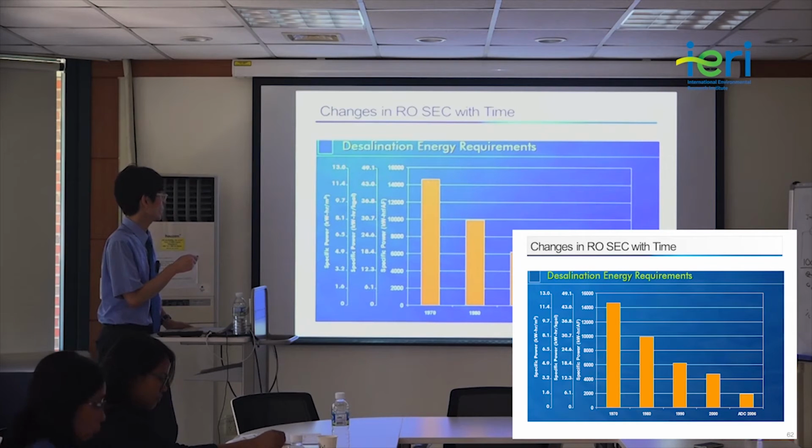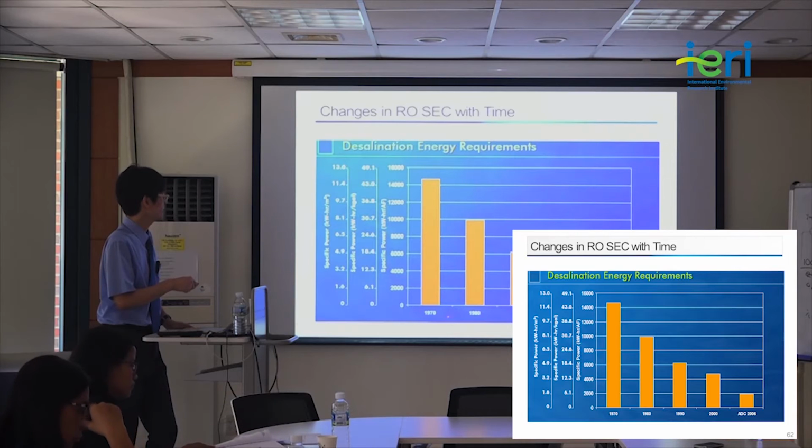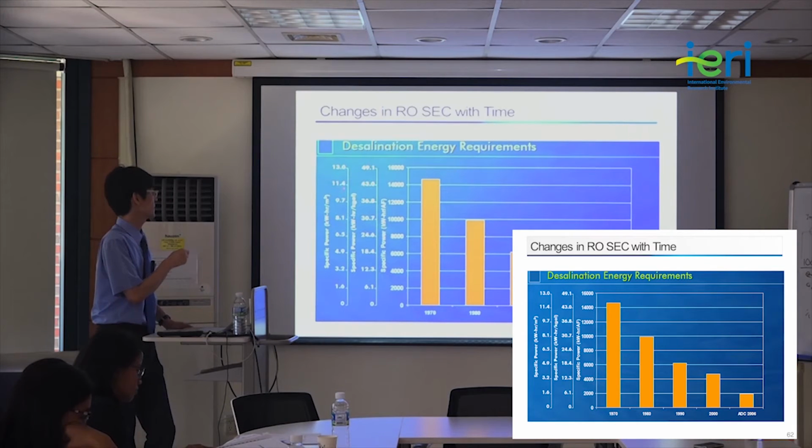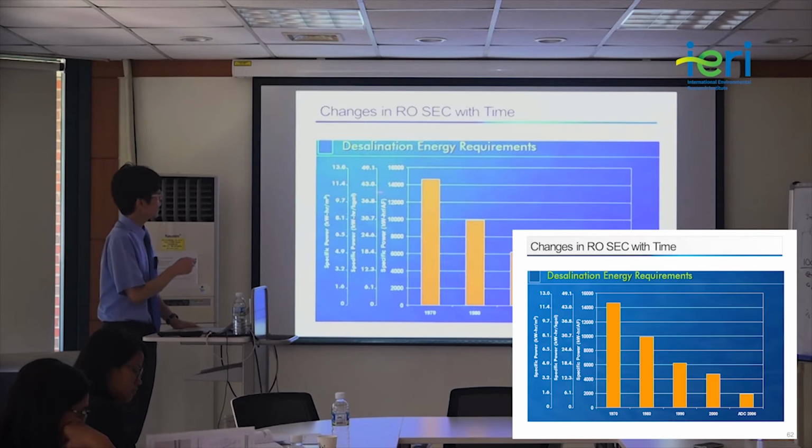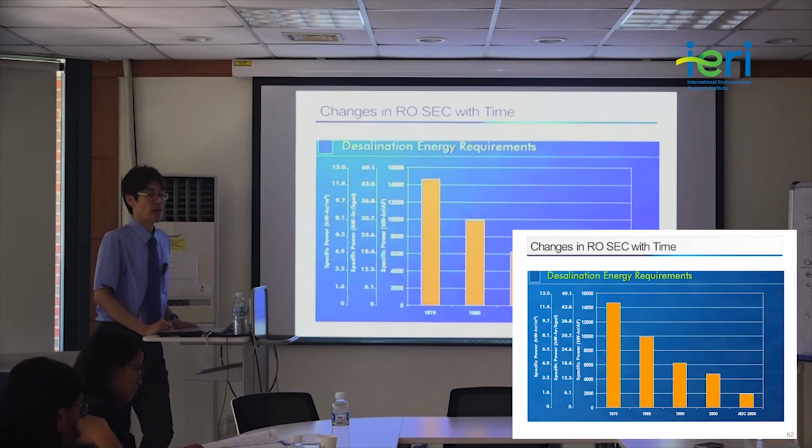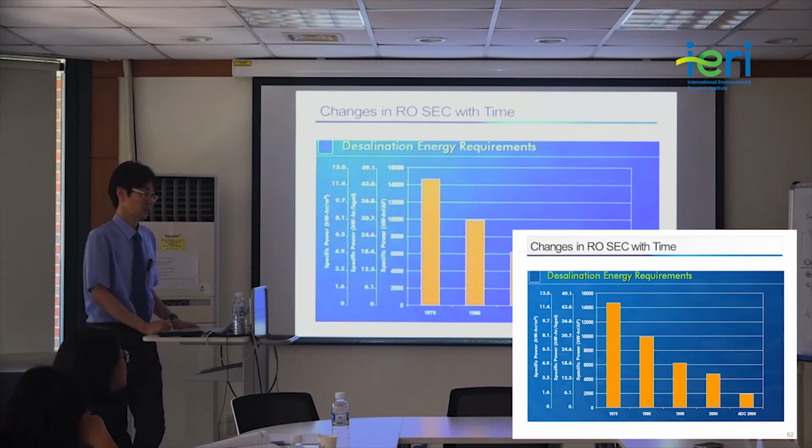If you look at this, in the 1970s, the specific energy consumption by a reverse osmosis membrane system, even without considering pre-treatment, intake and post-treatment, was even higher than 11.4 kilowatt hour per cubic meter.